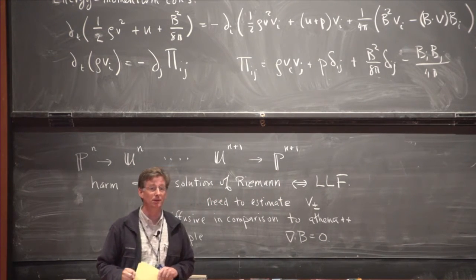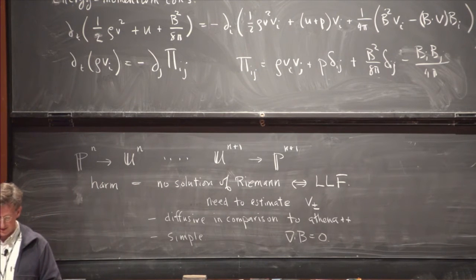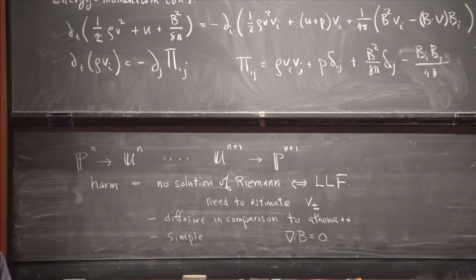Okay, and then finally, as in the non-relativistic case, we still need to maintain the constraint divergence B is equal to 0. So I'm not sure what you've heard about this already, but there are a few possible approaches that one can try. So the first approach that people tried 3 decades ago is to hope for the best. So you start up your code and you make no special provisions for keeping divergence B as 0, and it's pretty clear that fails.